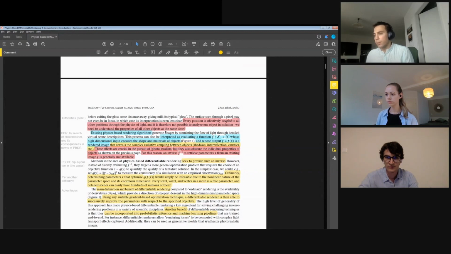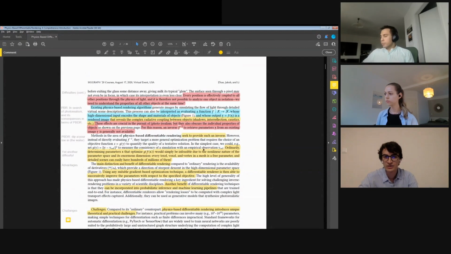Let's put it that way. Oh yeah, and they also have a really nice illustration of this coupling. If I'm understanding the terminology right, this pretty much means that it's intertwined. So if you change one aspect of a scene, it's coupled to many other pixels, so to say. And they also show later on that this coupling means that you tweak something and it affects a lot of other things in the final image. Exactly. Right. So that's what this radiative coupling means.